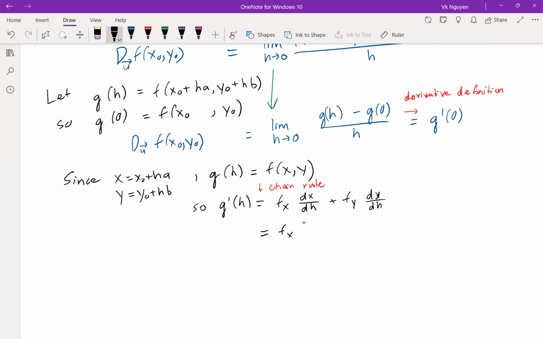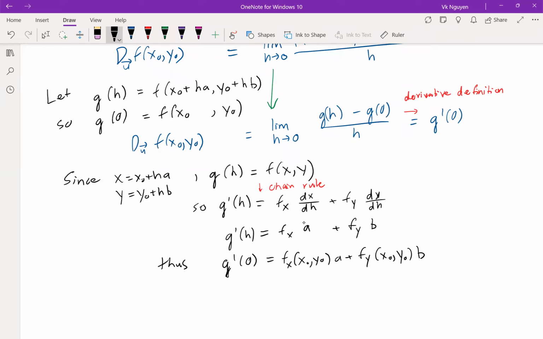Taking the partial derivative with respect to x gives us a, and with respect to y gives us b. So g prime of 0 is going to be fx(x0, y0) a plus fy(x0, y0) b.